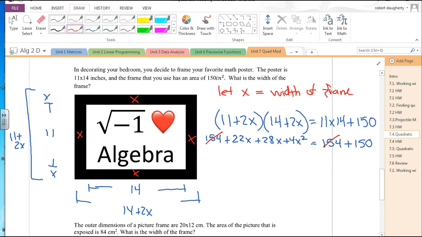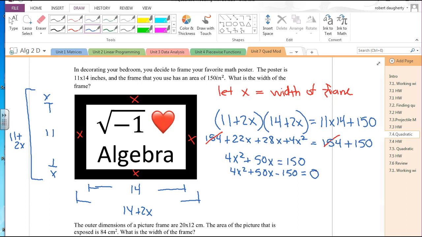So on the left, I'm going to have 4x squared plus 50x equals 150. So 4x squared plus 50x minus 150 equals 0.